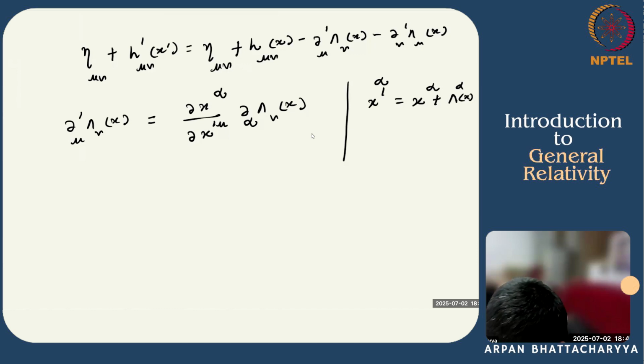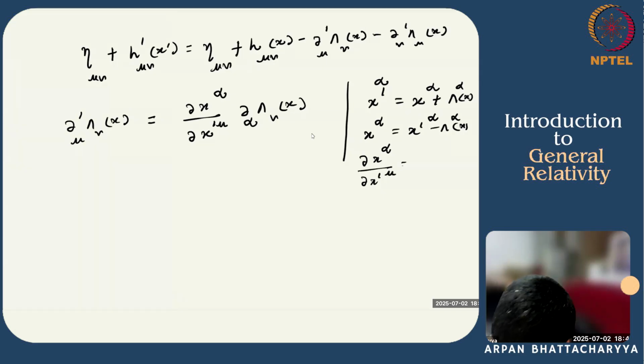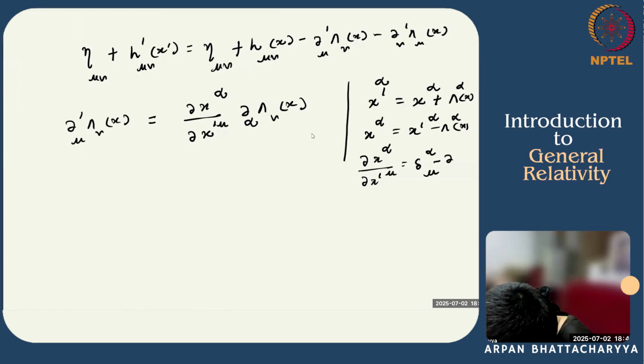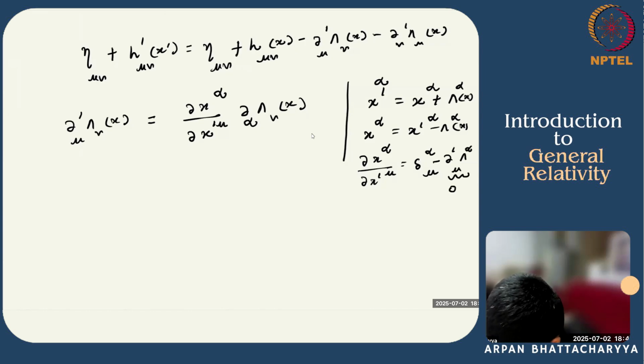We can write it in this way, that x alpha is equal to, because we are working at linear level, I can just take this capital lambda to the other side, and then x alpha over x prime mu, sorry, will be, first term just the Kronecker delta, minus, so this is again of order h.